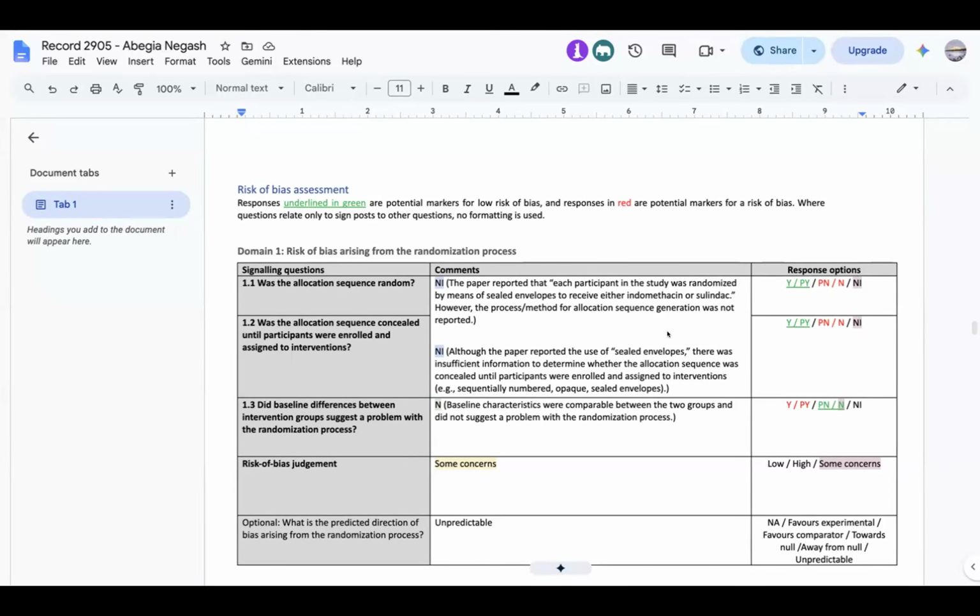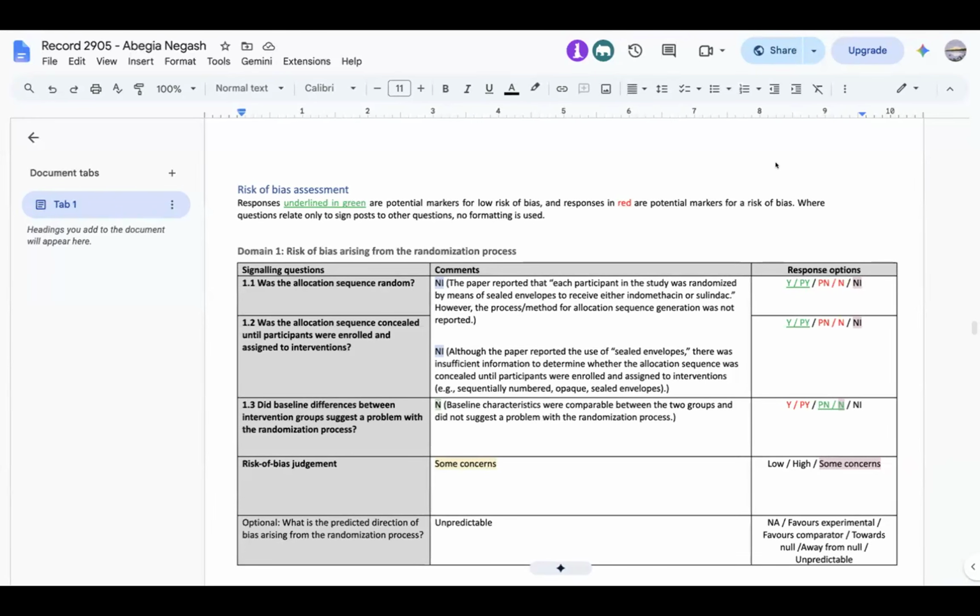Okay. Did anybody get a different answer for 1.1? During the exercise, we answered probably yes, because it is described that the investigators used sealed envelopes at the moment of assigning the treatment groups. So if they made the envelopes, it's most likely that they made a randomization. So we answered probably yes. Okay.